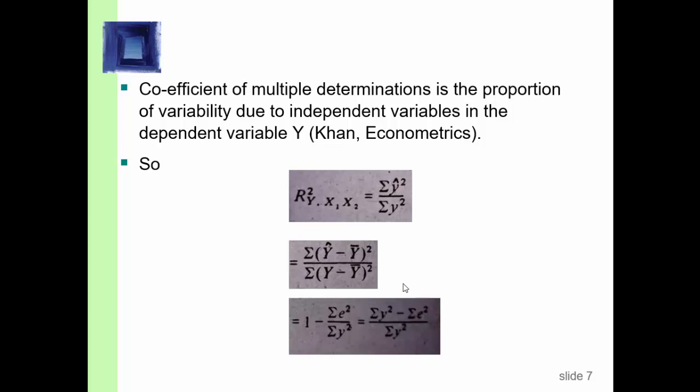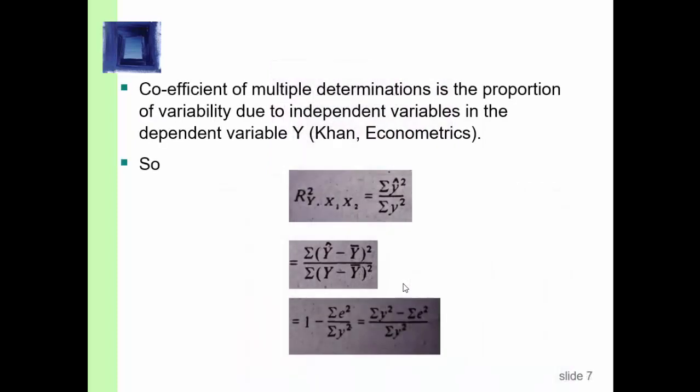The square of the correlation coefficient in the case of multiple regression is known as the coefficient of multiple determination, and it shows the percentage change in the dependent variable y which is caused by the independent variables x1 and x2.